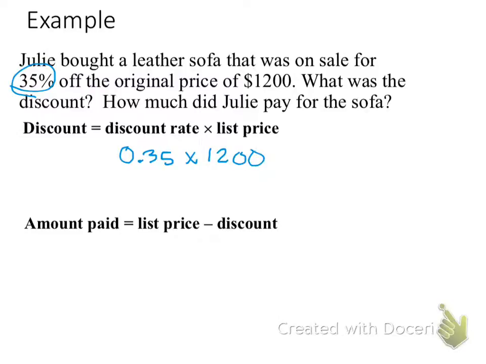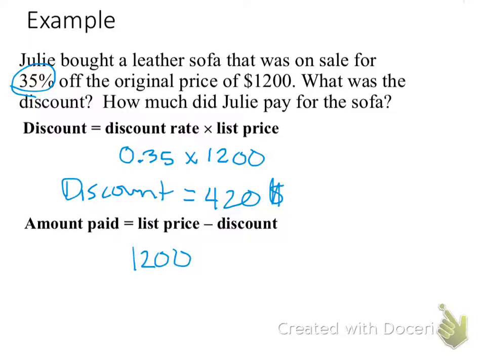So the amount that is going to be discounted, 0.35 times 1,200, the discount is equal to $420. So the amount paid then is the list price, $1,200, subtracted by the discount, decreasing the price because it's being discounted, and that gives us the amount paid, $780.